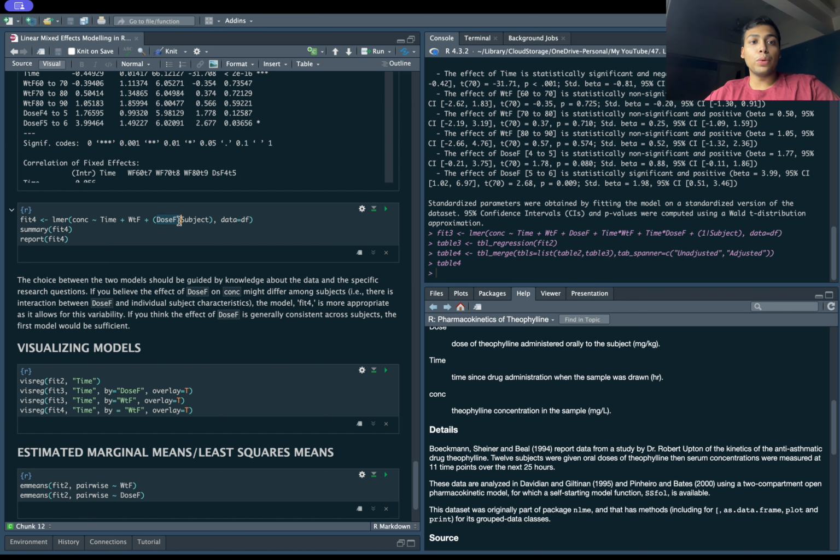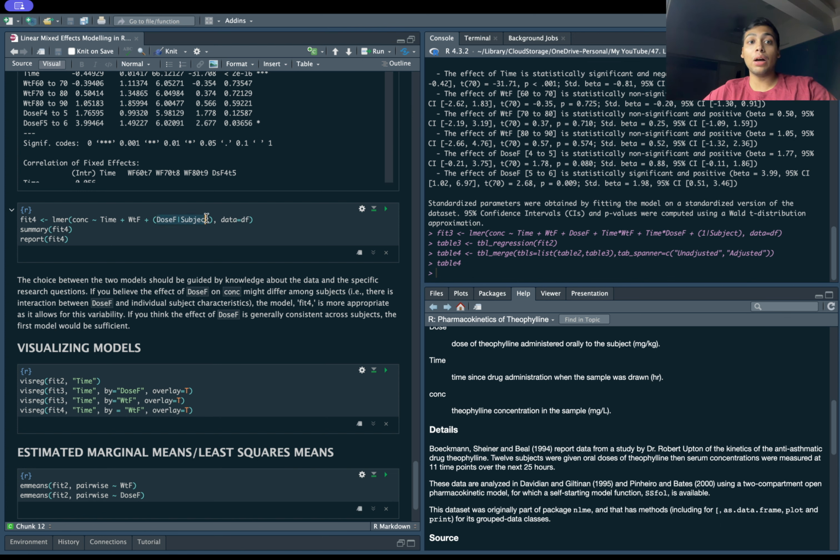So you include dose as a random effect and you nest each subject in that dose. This is called a nested random effects model. Now we are getting too much, we are making the model too complex. Important thing to note, if you do not have much data per subject for each of these variables or each of the fixed effects as well, I would encourage not to make a very complex hierarchical model.